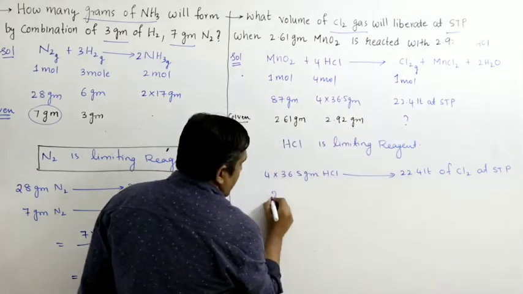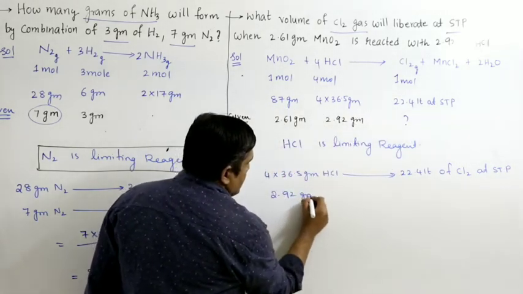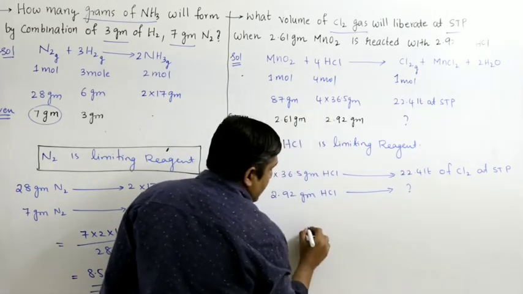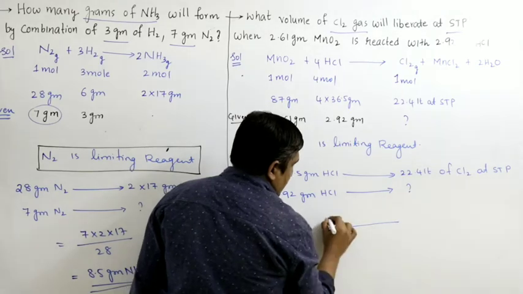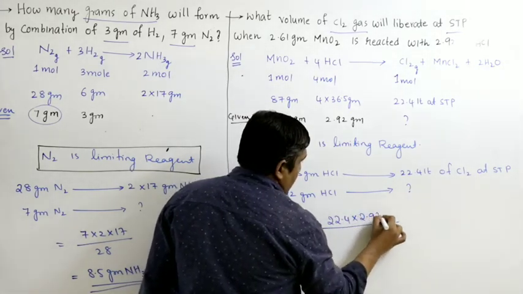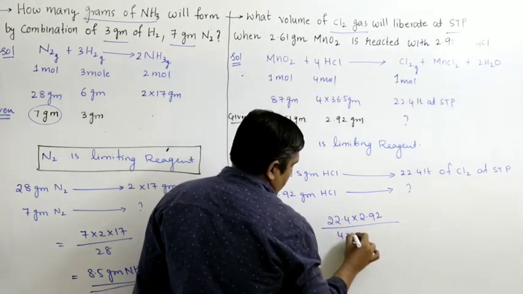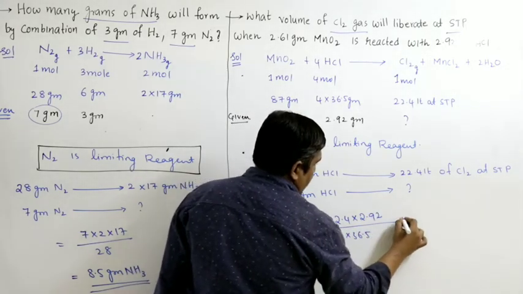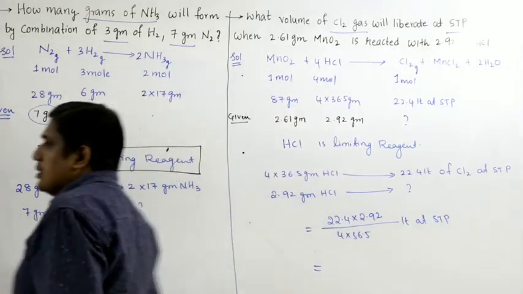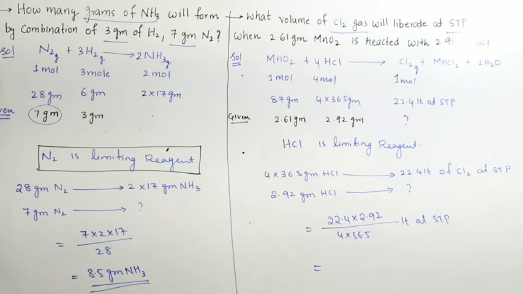We have only 2.92 grams of HCl. So what I will get here is 22.4 into 2.92 by 4 into 36.5 liters at STP. So it will be around 0.448.